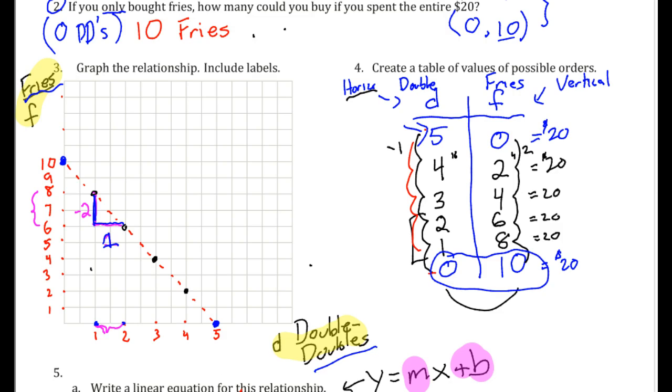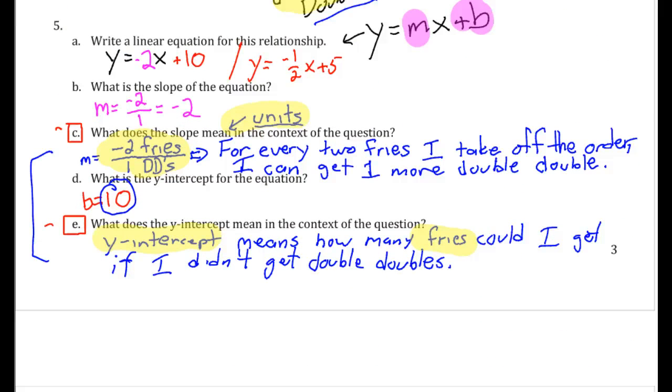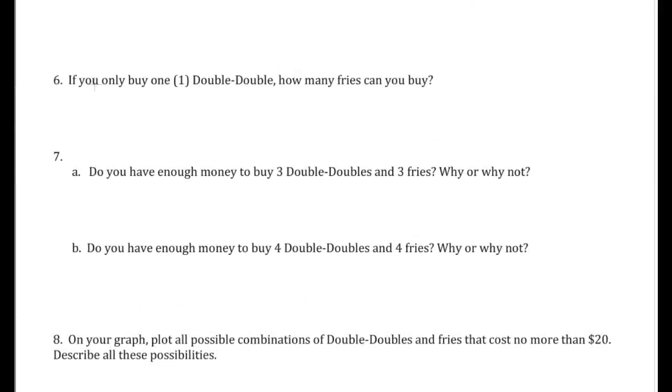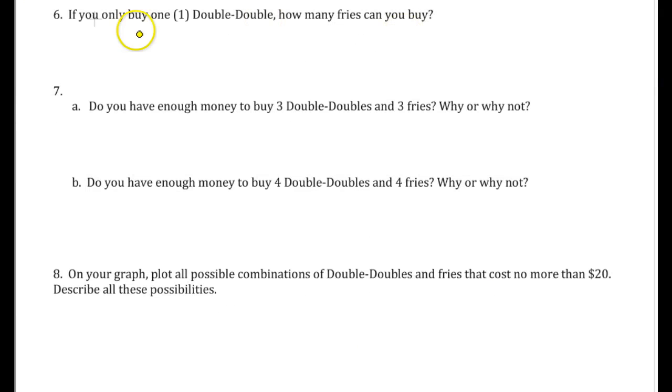So when you're asked to explain something, and this is true even in science, when you're graphing, all different things in science, you always use units. They're usually centimeters and things like that, but it's the same rules. When you explain yourself, include units. All right, now I mentioned before, you could probably answer these questions on the back without the graph, but with the graph, it's just a little bit easier.